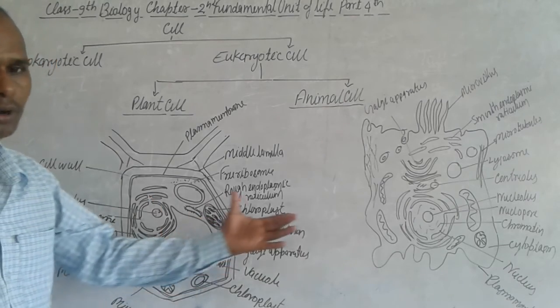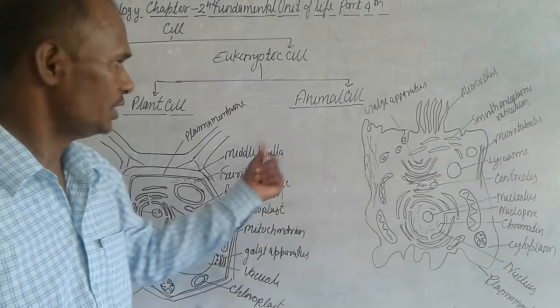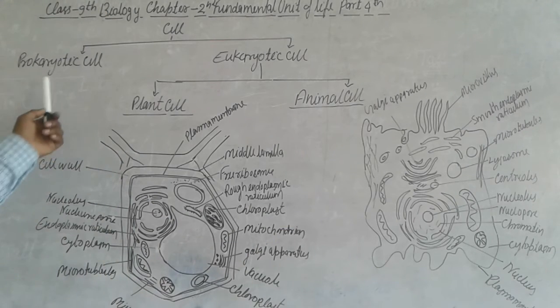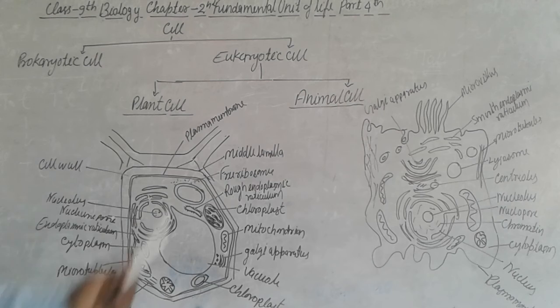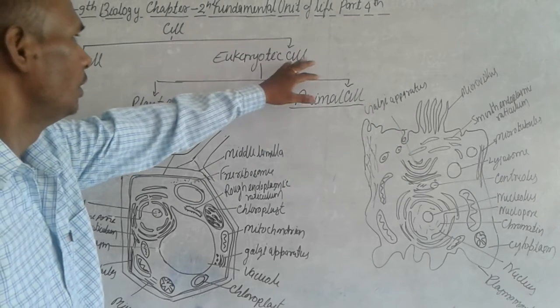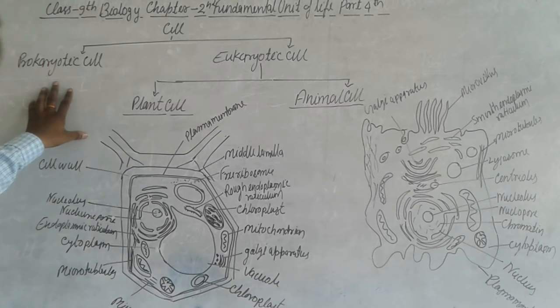And we discussed the cell in this video. Once again, there are two types of cell on earth. First is the prokaryotic cell.